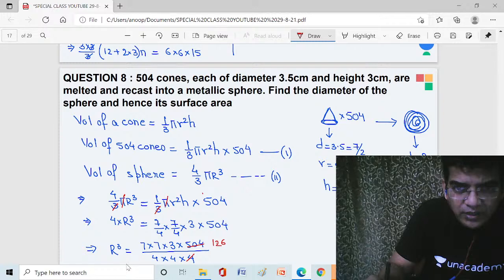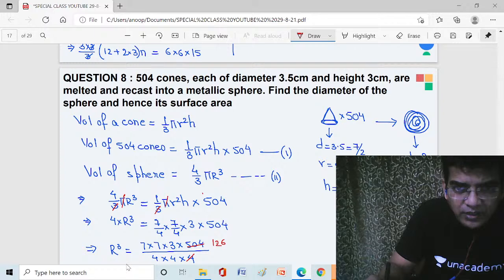Now see what we are going to do, how we are going to solve it. Left side we have r cube. Now we have to take the cube root. It cannot be reduced further. Now see, this is 7 square, right? Then we have into 3, 7 square into 3. Now 63, prime factorization of 63.